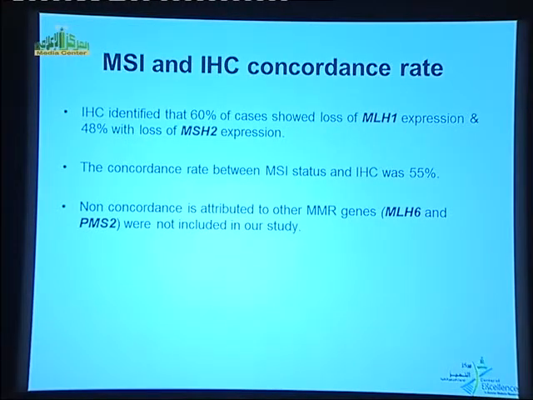We also compared the MSI status of 2 genes, MLH1 and MSH2, and the concordance between PCR and immunohistochemistry. We found that the concordance between the mutation and the loss of expression is 60%.